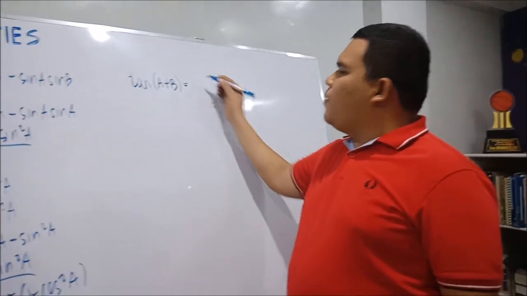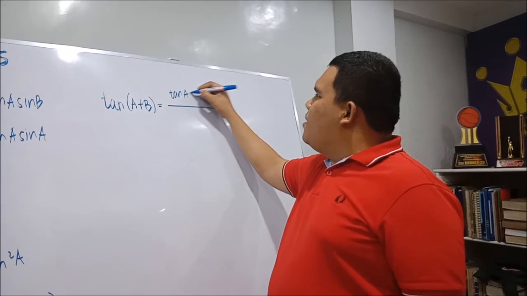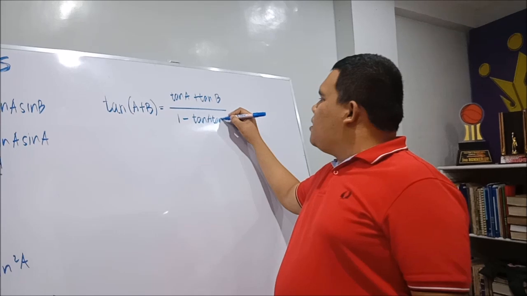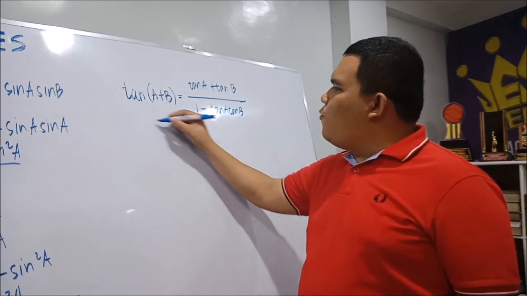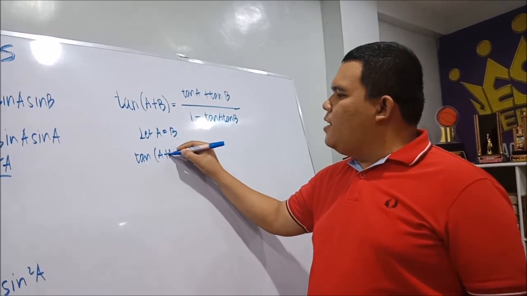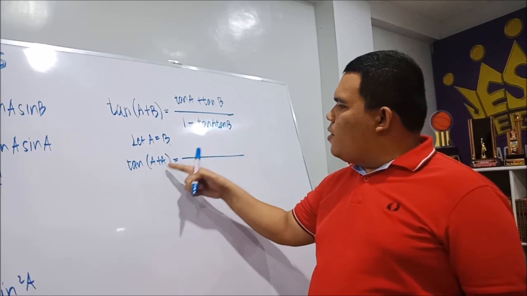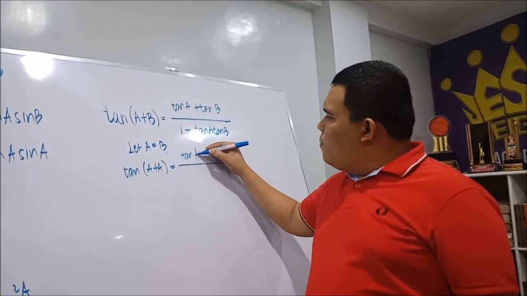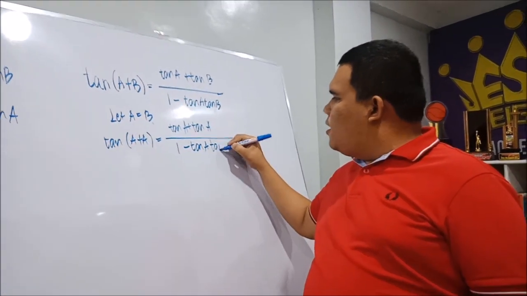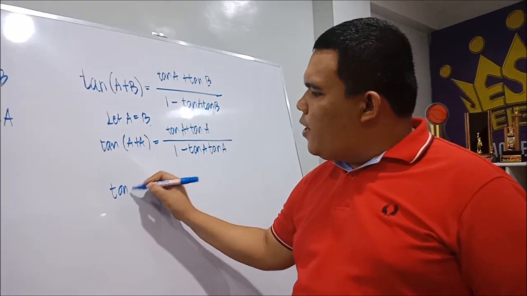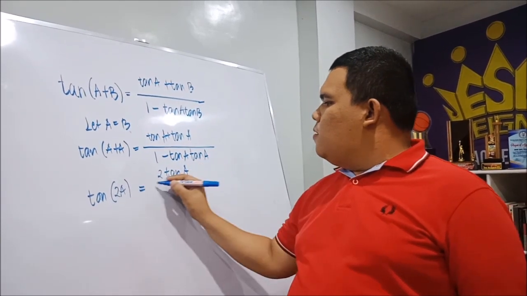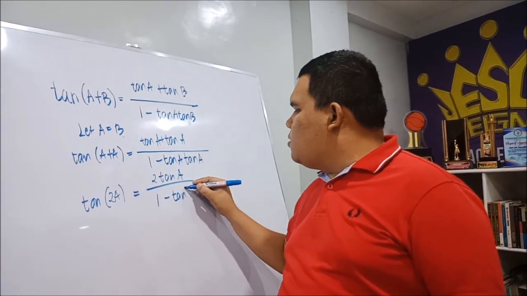Tangent of A plus B from our previous lesson is tangent A plus tangent B over 1 minus tangent A times tangent B. If we let A be equal to B, we have tangent of A plus A. Just substitute B here with another A. We have tangent A plus tangent A all over 1 minus tangent A tangent A. Simplifying that, we get tangent 2A: tangent A plus tangent A is just 2 tangent A, all over 1 minus tangent squared A.